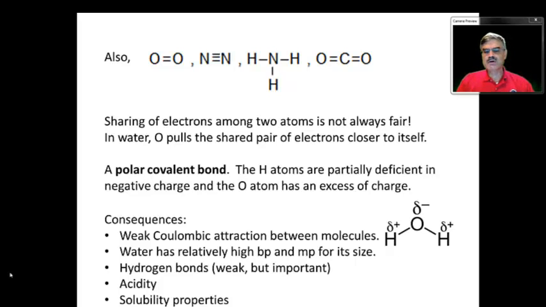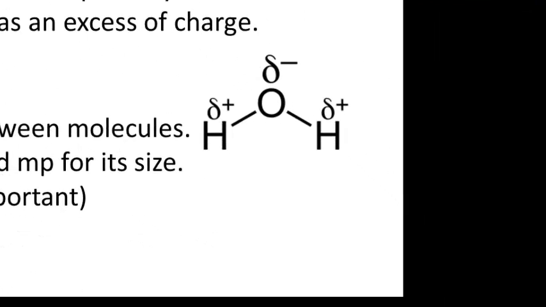So we have polar covalent bonds, and the result of this is that the hydrogen atom will be partially deficient of negative charge. It won't see as much of the pair of electrons as does the oxygen, and the oxygen atom will see an excess of negative charge. And as shown to the right is a way we can depict this.